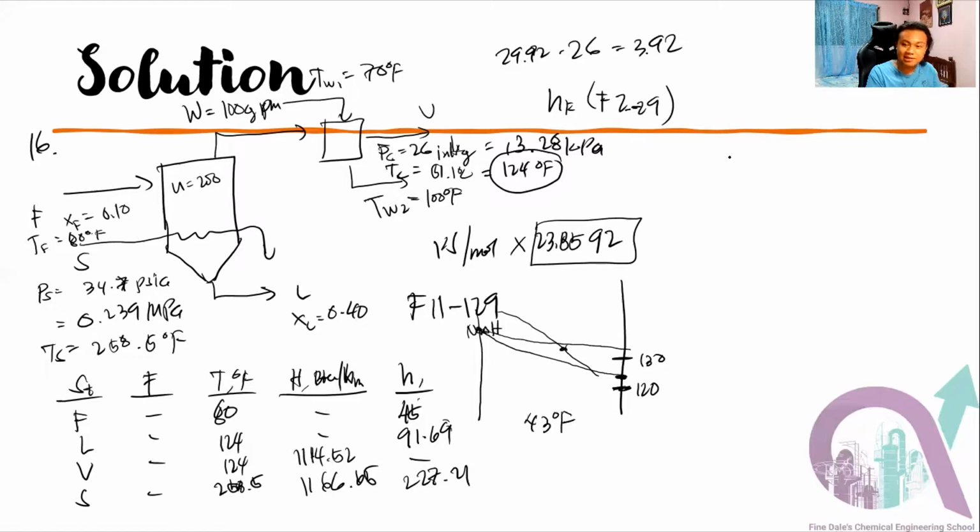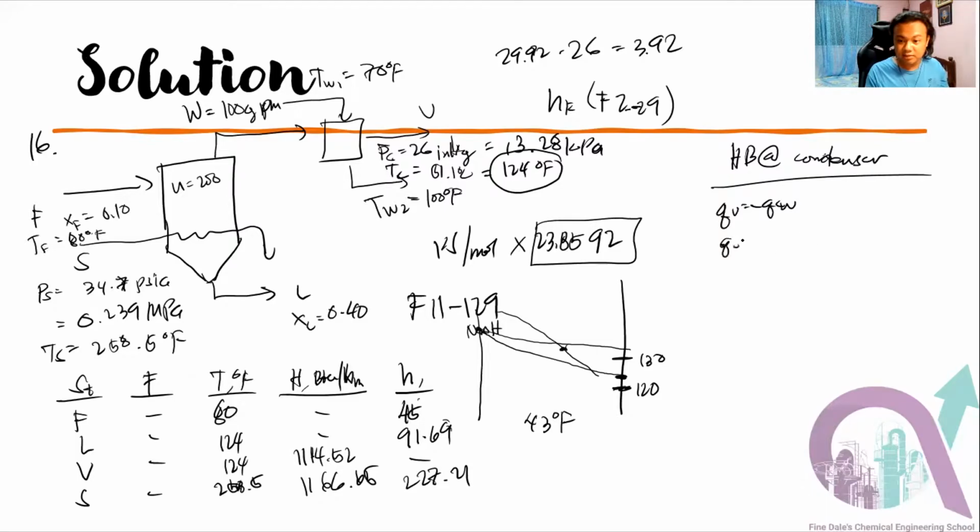Okay, so it's really simple, right? So it should be at the condenser. So heat balance at the condenser. So we have QV is equal to negative Q, which is the cooling water, right?